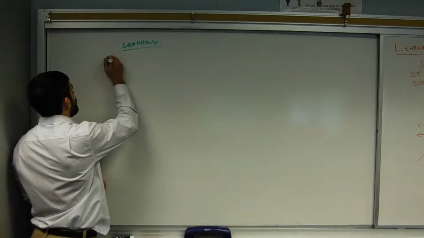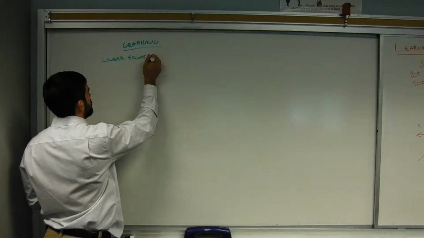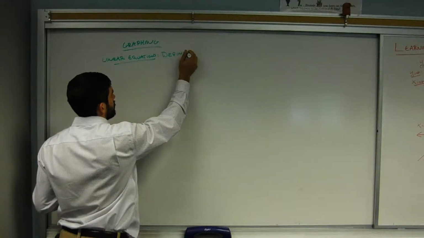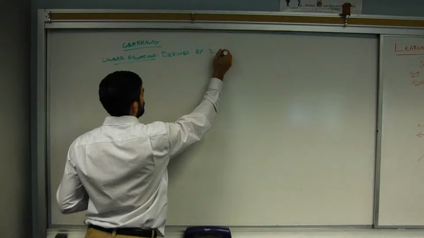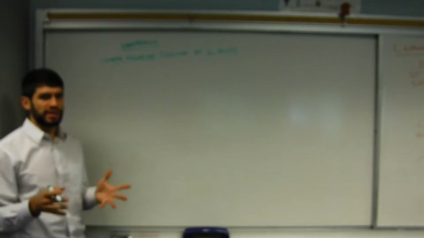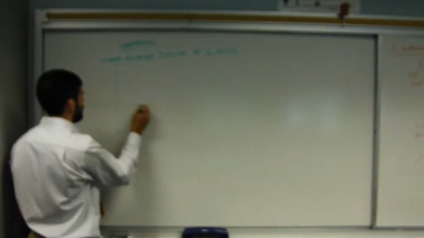One really nice thing about linear equations, or lines, is that they are defined by 2 points. So what this means is that all we need to do is plot 2 points and we can graph the linear equation. So I'm going to make a graph here.